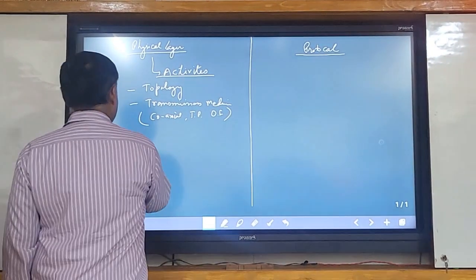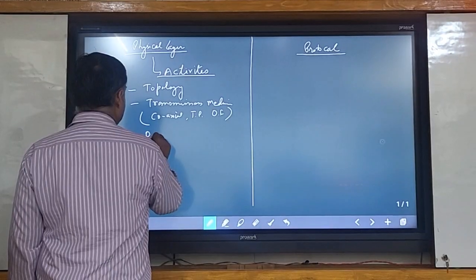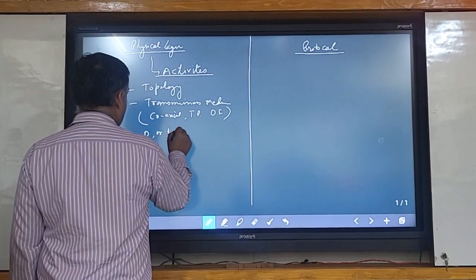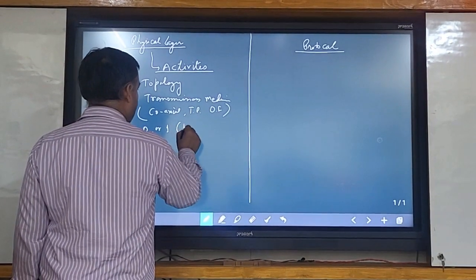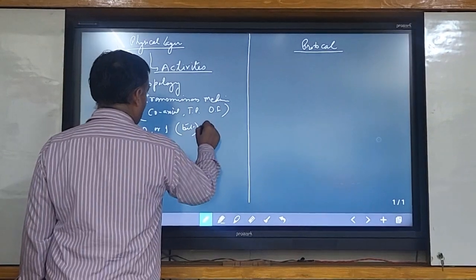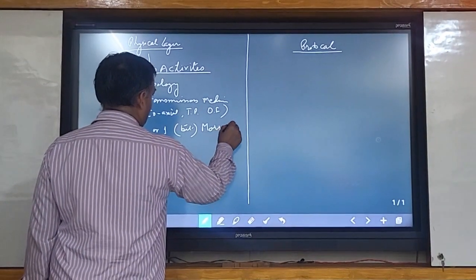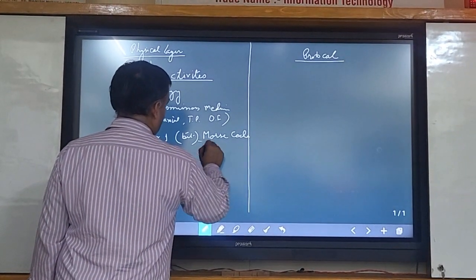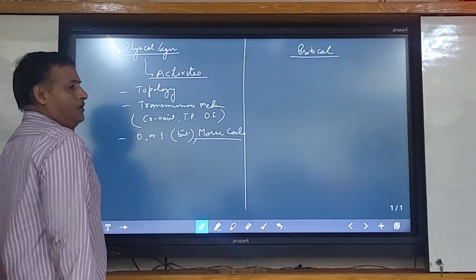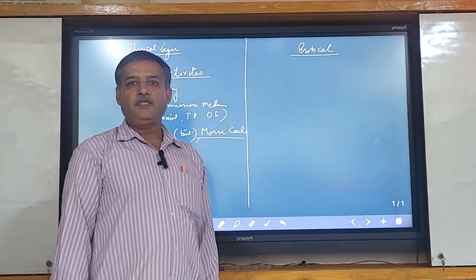Here the data is considered as 0 or 1, and I told you it is a bit, also called Morse code.